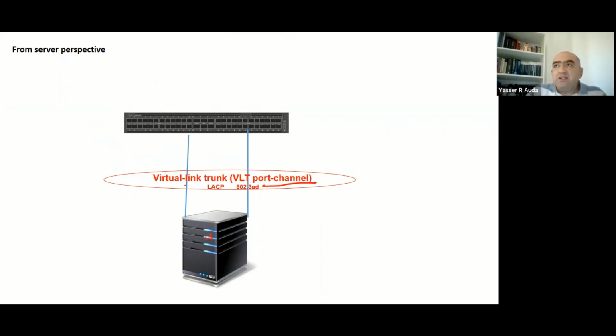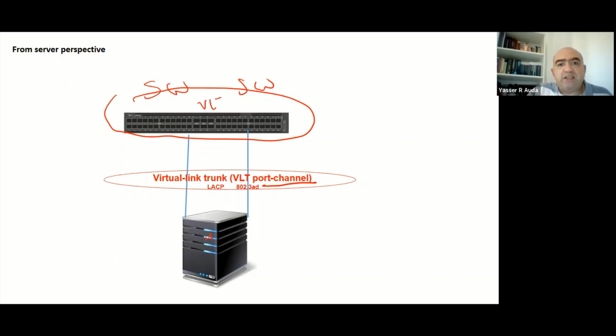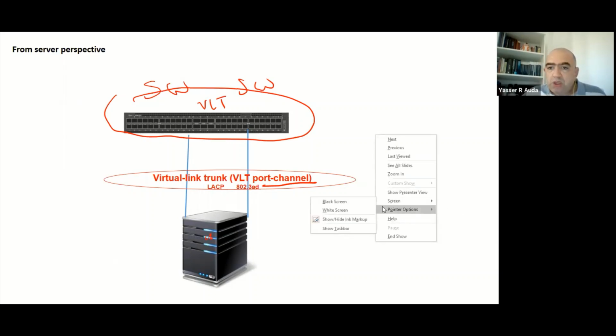You don't even care about or know that this is a VLT port channel. But from the perspective of this switch, we know that we have two devices and we are running VLT to make this topology that we can see here happen.